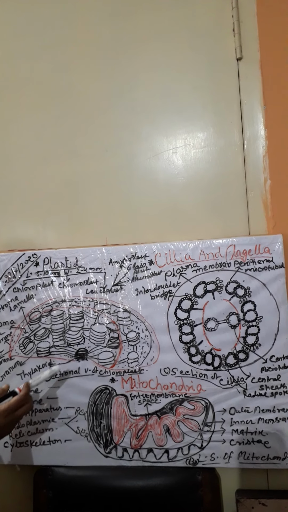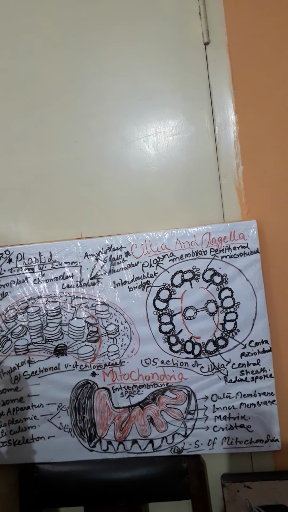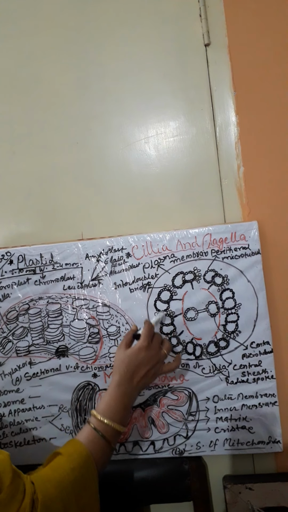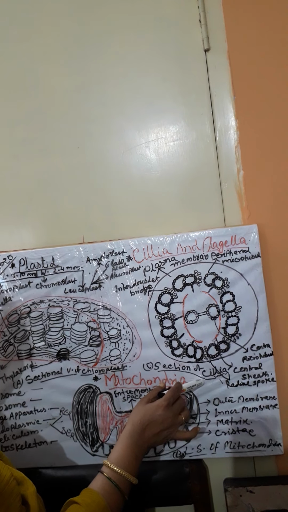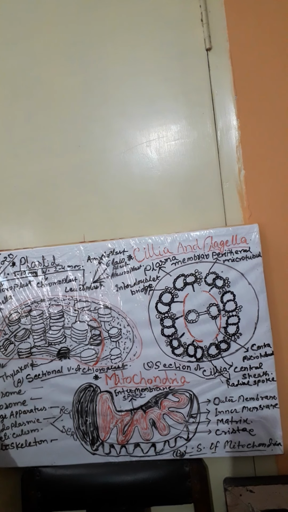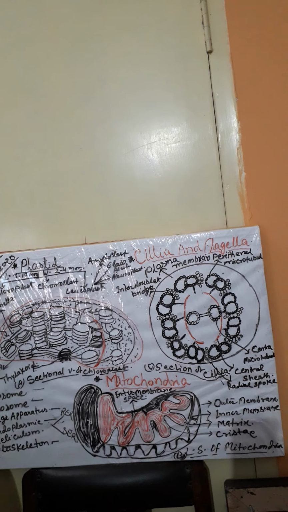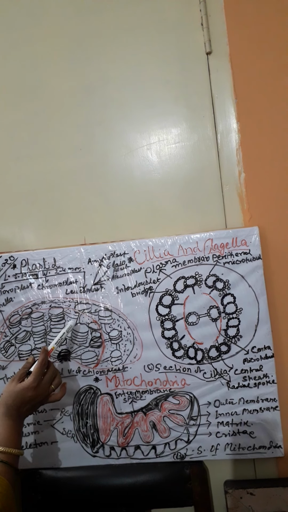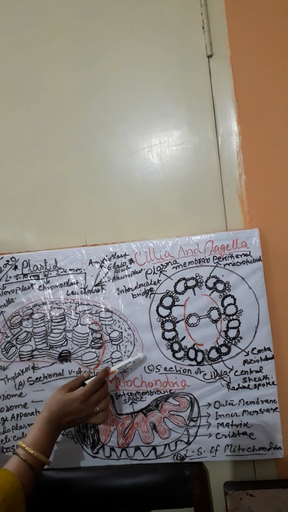So now we discuss cilia and flagella. This is a sectional view of cilia or flagella. Cilia and flagella are hair-like outgrowths of the cell membrane.